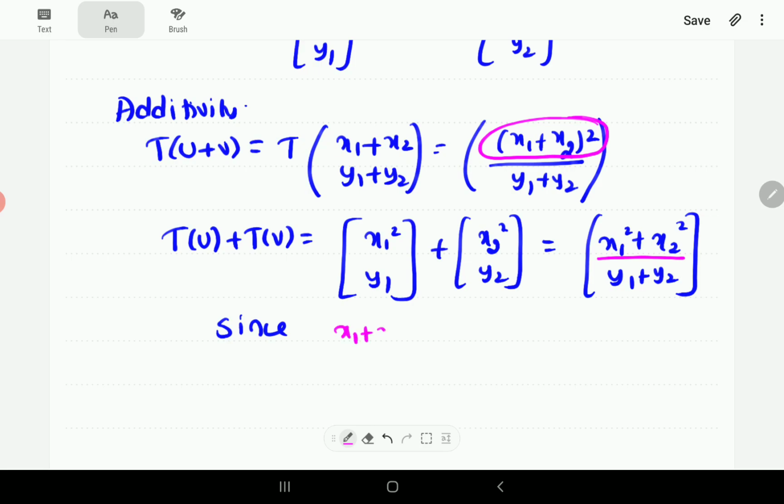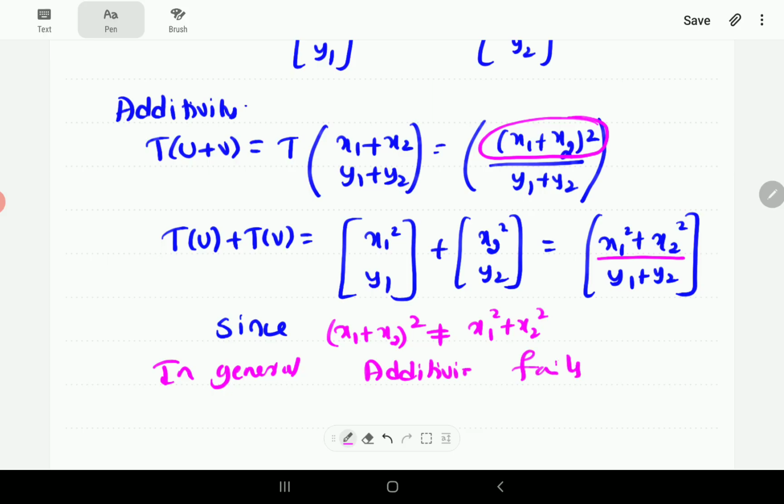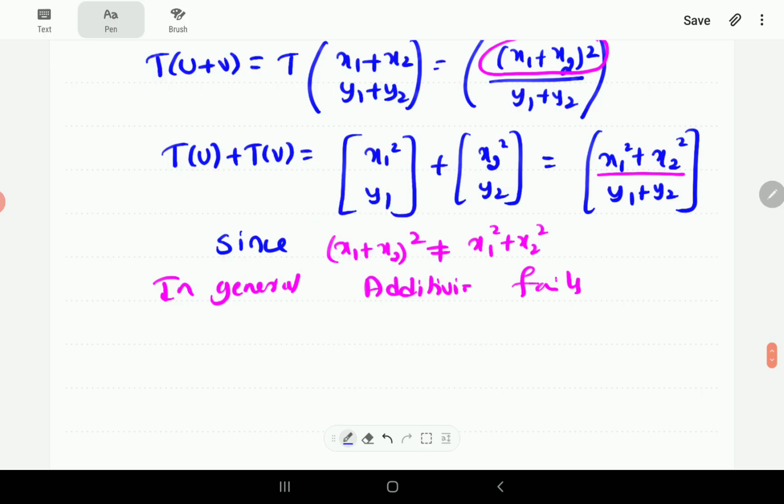So therefore (x1 plus x2) square cannot be equal to x1 square plus x2 square. So therefore in general our additivity, the first property, fails. So if one property fails, then it is not a linear transformation. Therefore T is not a linear transformation.